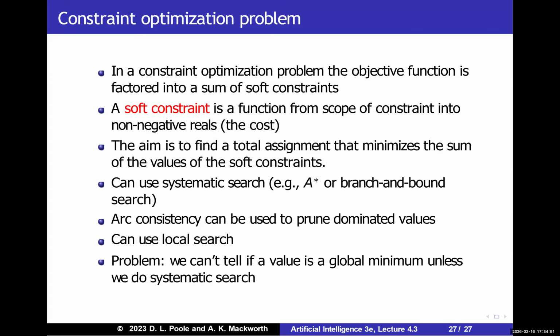The objective is to find a complete assignment that satisfies all hard constraints while minimizing the total cost from soft constraints. We can solve such problems using systematic search, local search, or pruning techniques like arc consistency. However, we cannot guarantee that a solution is globally optimal without systematic exploration. Optimization adds another layer of complexity to constraint reasoning.